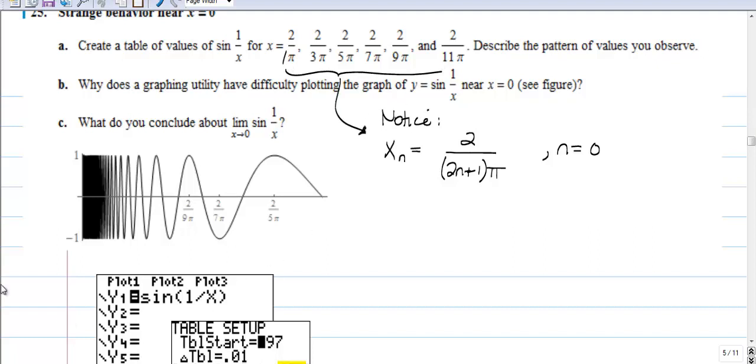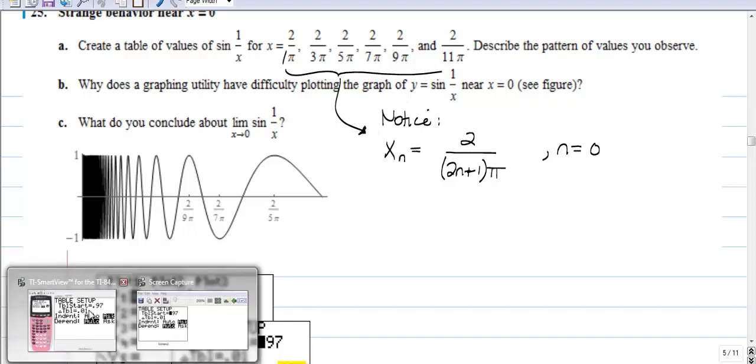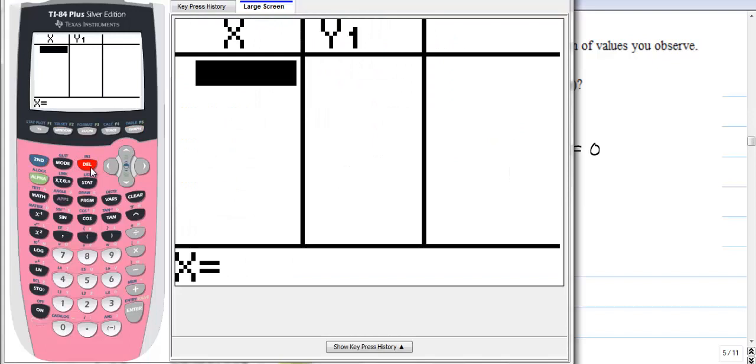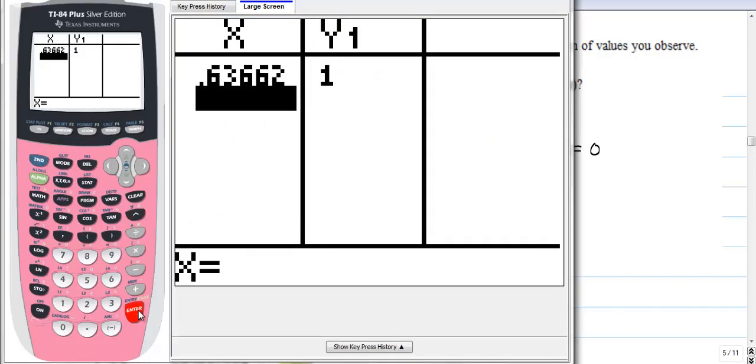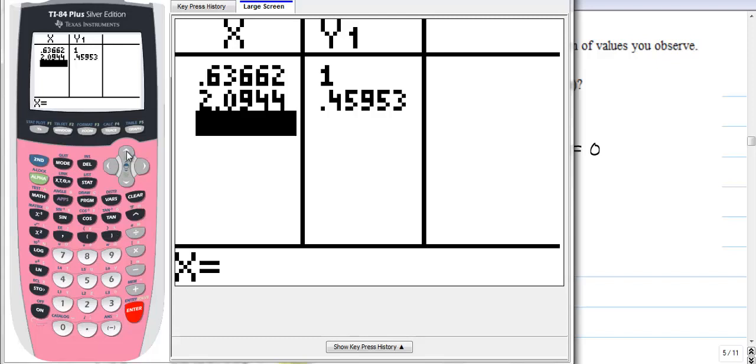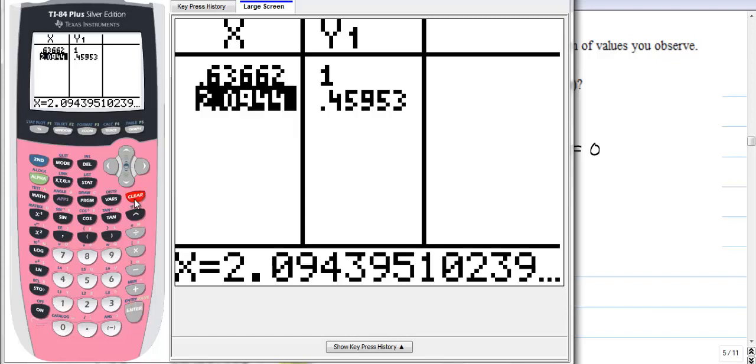But all I'm going to do is plug them into my calculator. So let's do that. So second graph, delete, delete. So 2 divided by pi, and then 2 divided by 3 pi. Oh, I typed it in wrong.